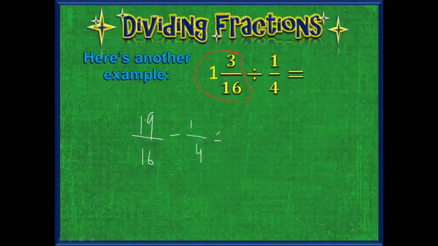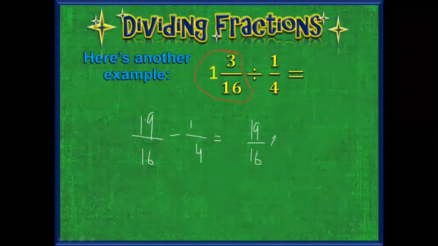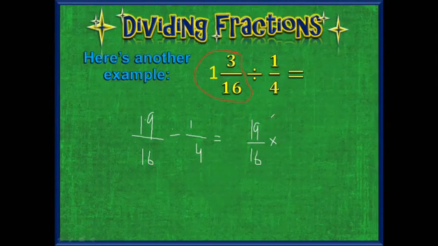Now, since I have fractions on both sides, I can apply this strategy, keep, change. I change division sign into multiplication sign, flip. I write the reciprocal of 1 out of 4, which is 4 out of 1.